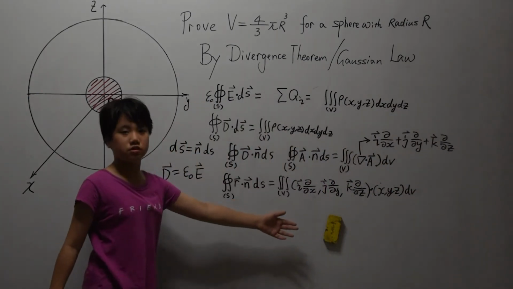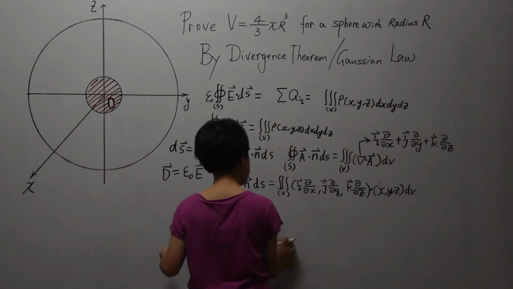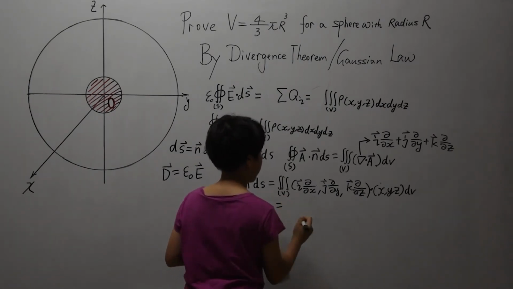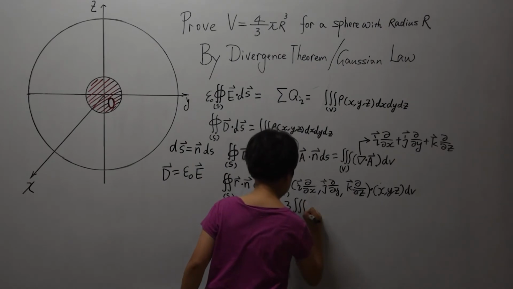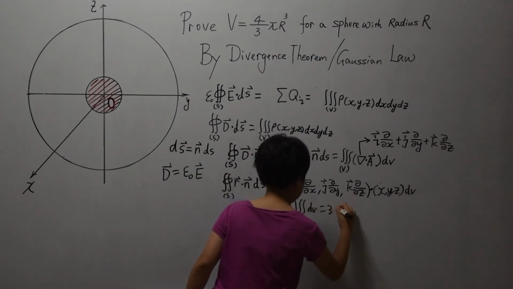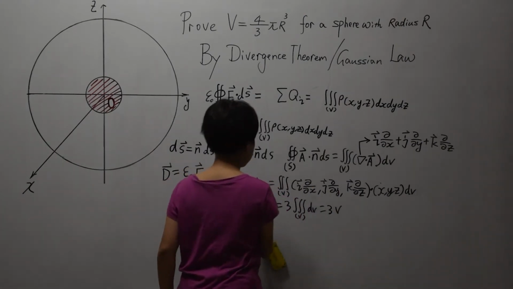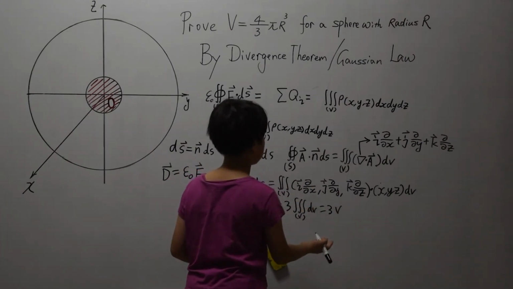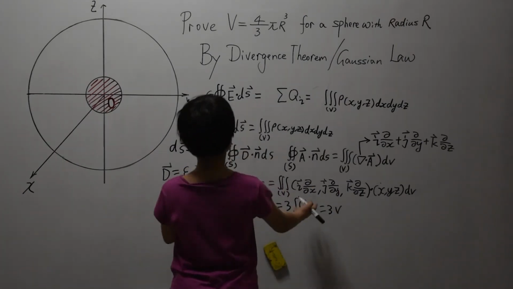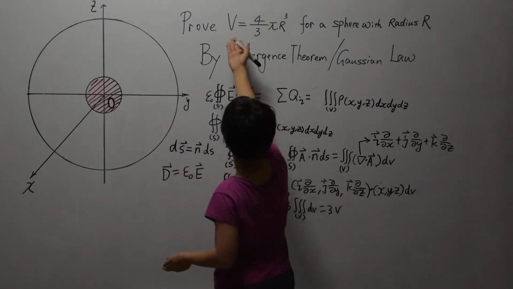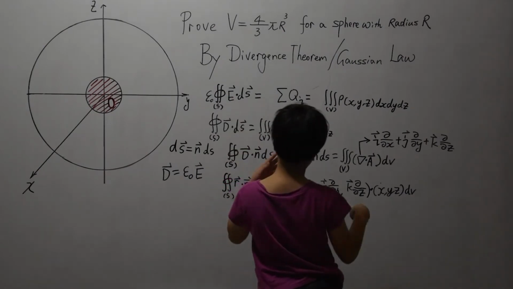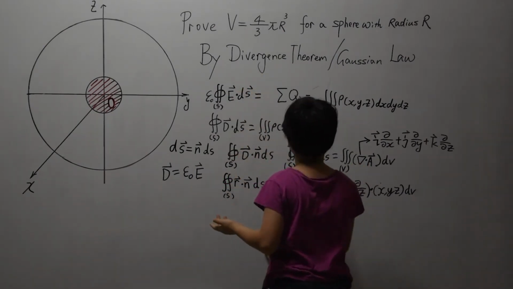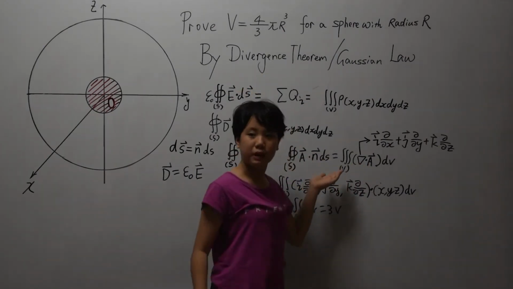So it will be like this. Now what is this? This is basically 3 dv, so this is basically 3v. So this whole thing is just 3 times the whole volume, right? Yes. And where is the divergence theorem? It's basically just this part.